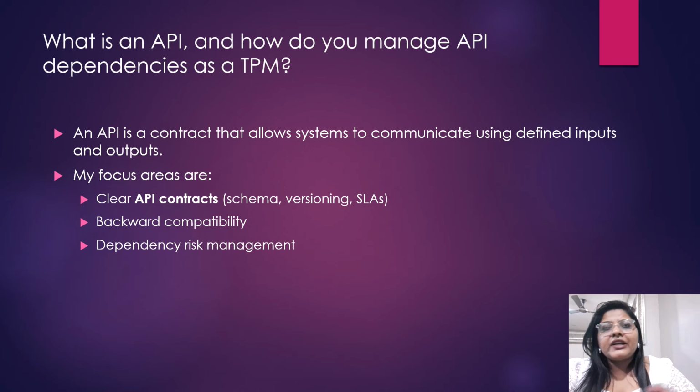Also, negative testing was done in such scenarios where one team is going ahead with the changes, but others are still on the lower version of the API. So it's a contract, and it will definitely create an outage. We definitely need to be very, very cautious when we are working with API systems.